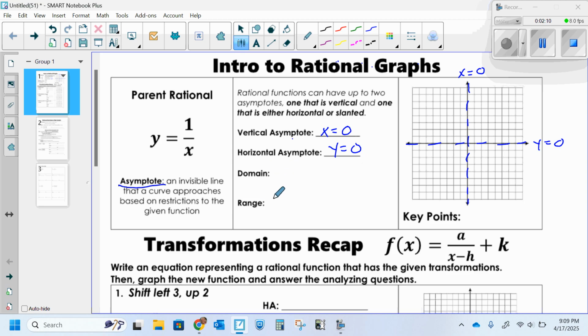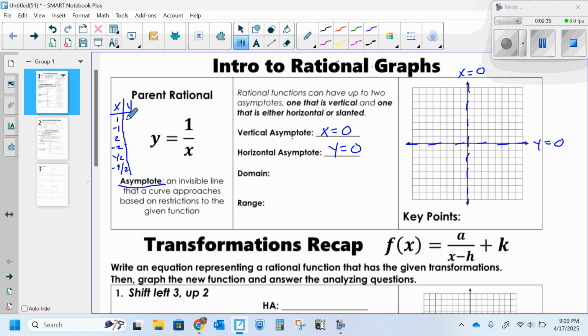Before we talk about domain and range, let's actually graph it. So a lot of times what I do is plug in a couple numbers for x. So 1, -1, 2, -2, how about a half, and a -1/2.